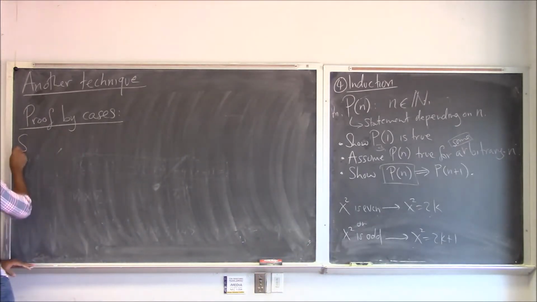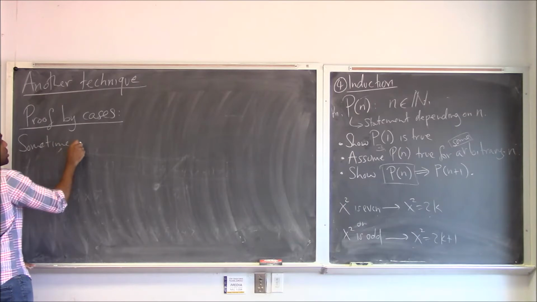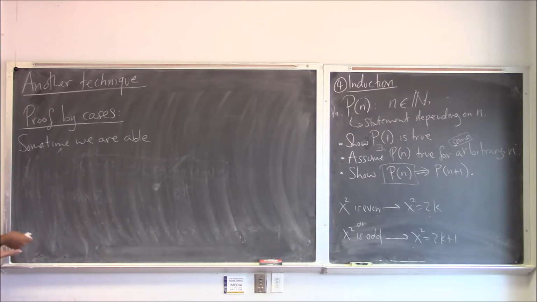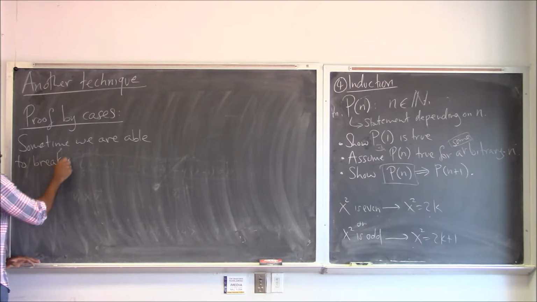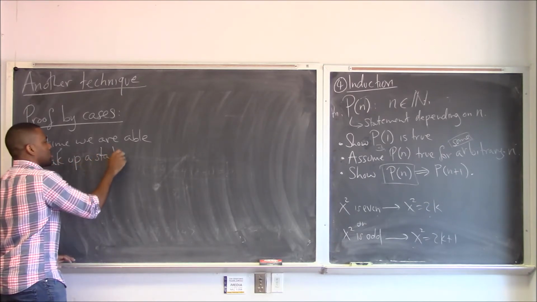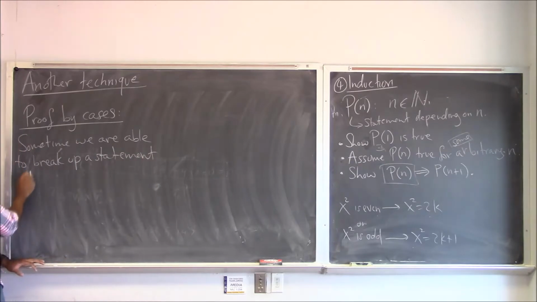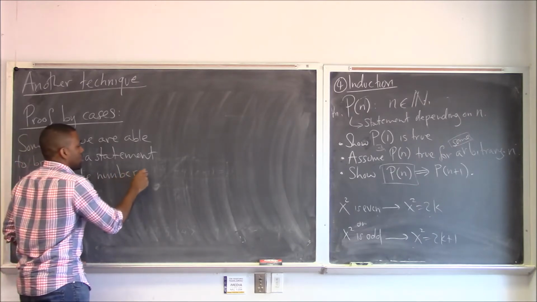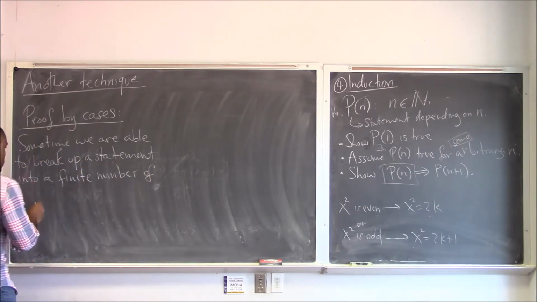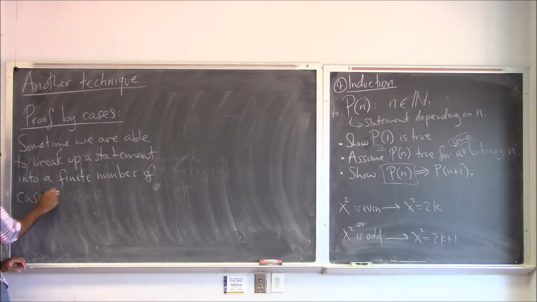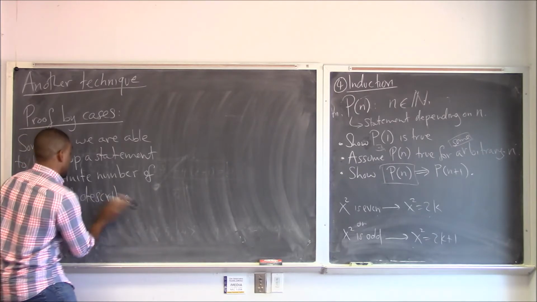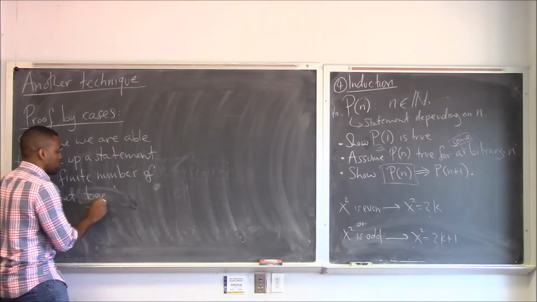So sometimes, of course not all the time, but sometimes, we are able to break up a statement into a finite number of cases that together describe all possible situations.